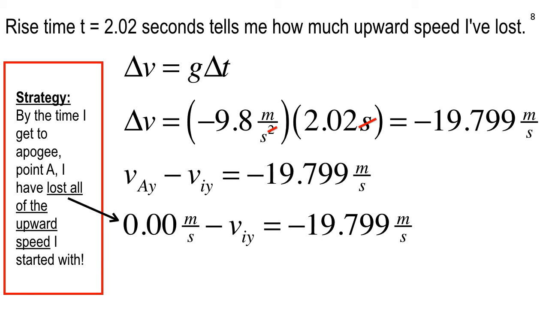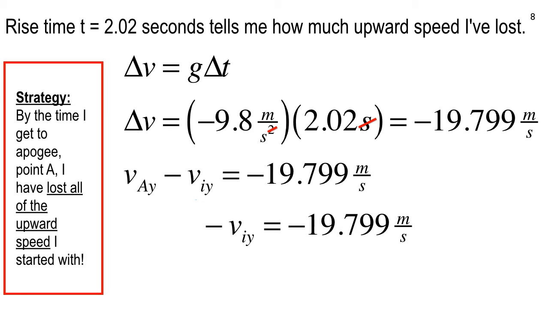As a matter of fact, this whole business here of 0.00 at apogee, you can even cross that out. Just go ahead and cross that out, or erase it. I'm going to erase it. So really, this is all I've got: minus V I Y equals minus 19.799 meters per second.